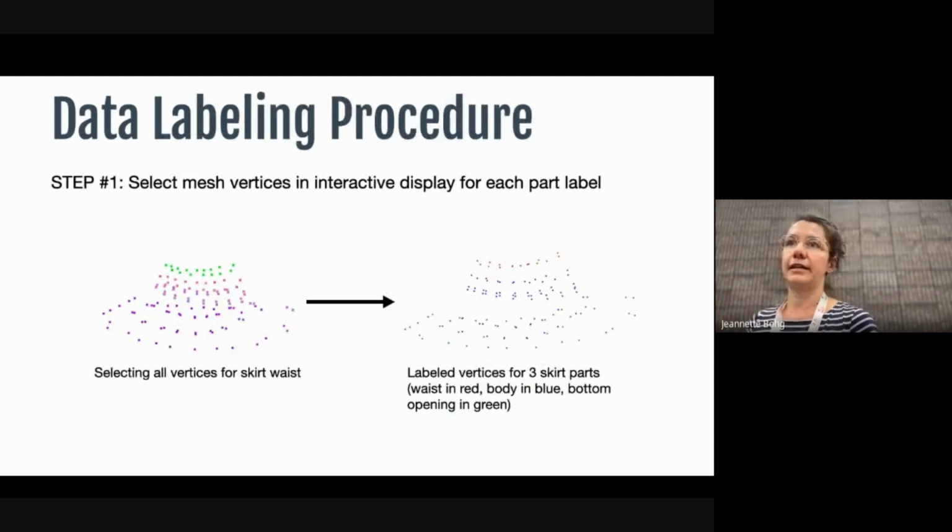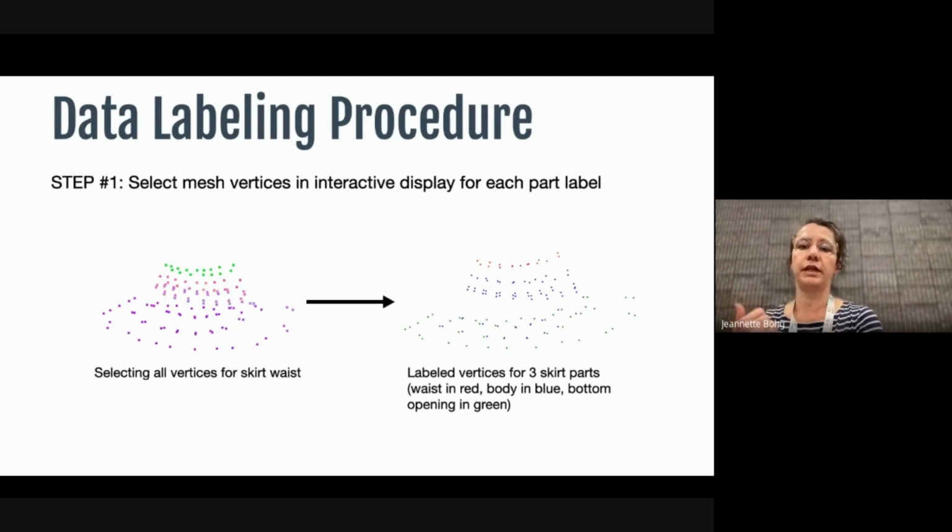So here's the data labeling procedure that happens in 2 steps. First of all, the first thing to know is that we are not directly labeling the point clouds, because that would be truly annoying. So we instead created this interactive display shown on the left where we select the vertices from the mesh, actually, not from the point cloud, for each semantic part.